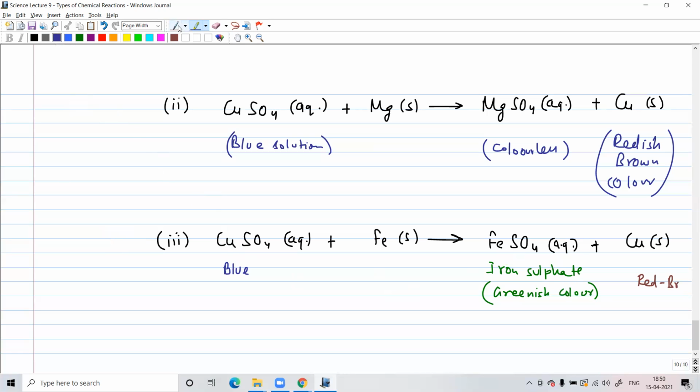Questions may be asked based on this kind of color combinations. That is why I'm very specifically writing the colors wherever applicable. Blue solution turning to green. Copper is red brown color.